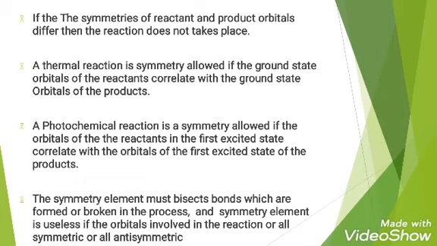So the symmetry element which is taken must bisect the orbitals which are involved in bond breaking or bond making. And if they are all symmetric or all antisymmetric, then it is useless for determining the stereochemistry of the product.